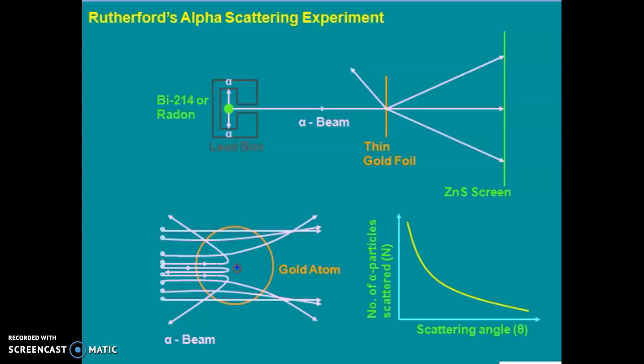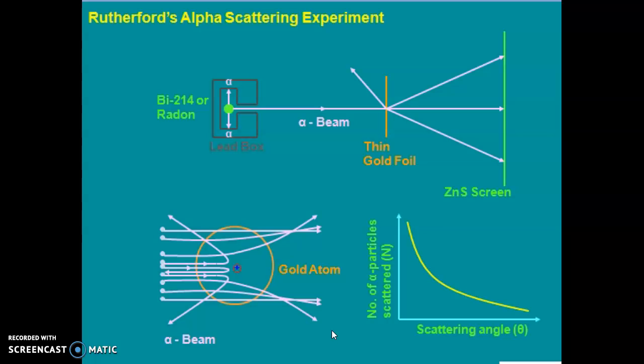So that's why some of the alpha particles come back suffering huge deflections. Most of the alpha particles go undeflected or suffer very small deflection. This means there is no obstacle in their path, meaning the positive charge is concentrated in a very small region.